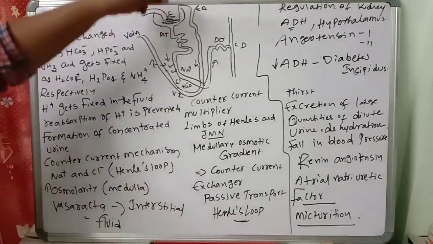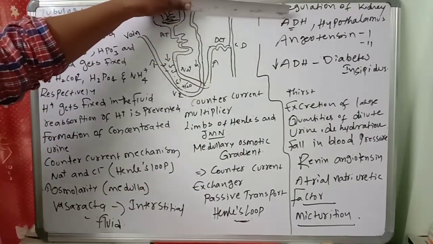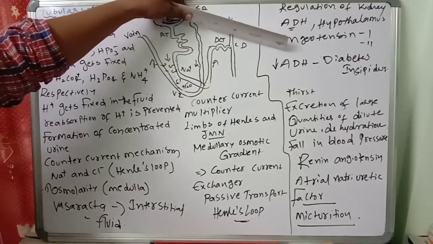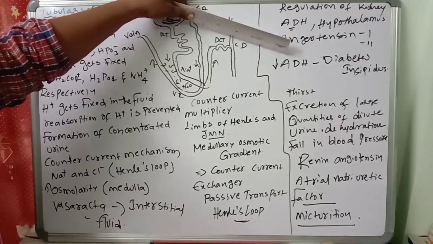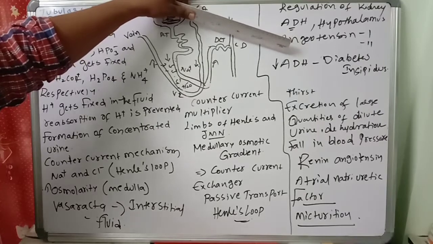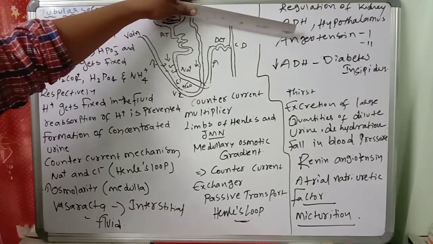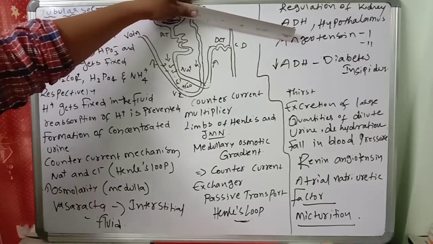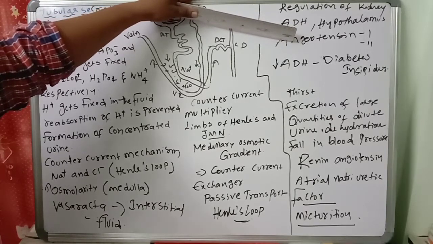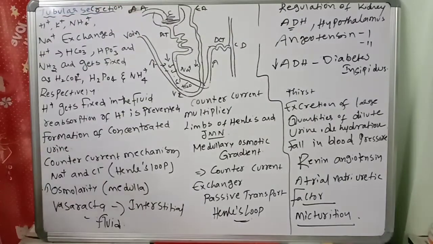In the regulation of the kidney, hormones play a major role: from the hypothalamus, angiotensin 1 and angiotensin 2, liver and lungs. Angiotensin converting enzyme converts angiotensin 1 to angiotensin 2. The renin, angiotensin, aldosterone system (RAS) helps increase glomerular filtration, but natriuretic factor decreases it and comes from the heart.